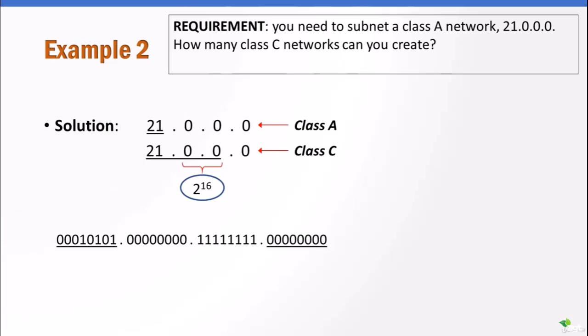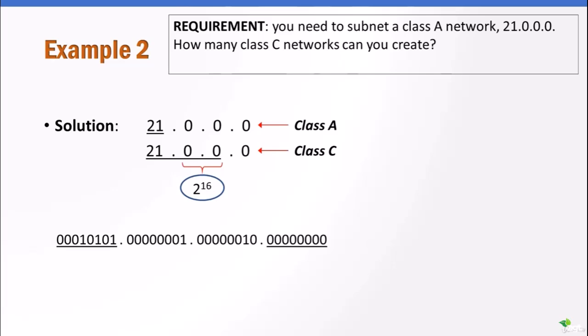Once we've filled the third octet for the first time, we start changing the second octet. So now the second octet is going to be 1. It's going to be 21.1.0.0. And then we start filling out the third octet all over again from 1 to 255.